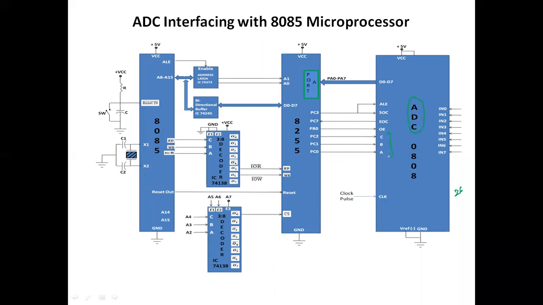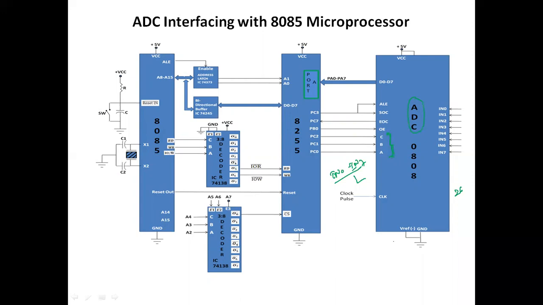By making use of the A, B, C pins, we select the particular input channel. We have IN0 to IN7 input channels, and out of these, only one channel is selected based on the inputs ABC.